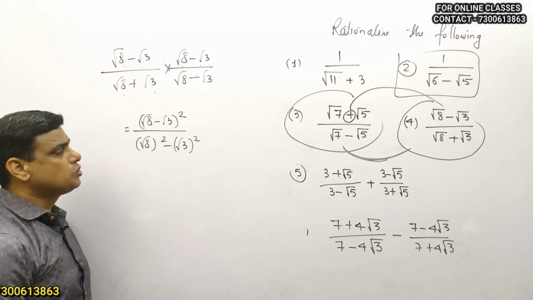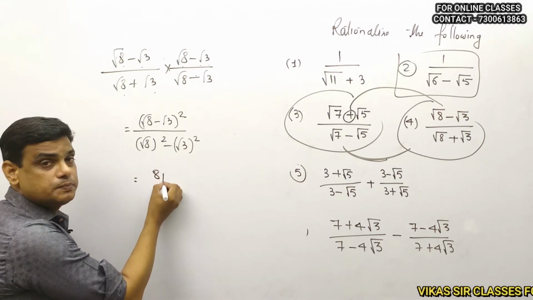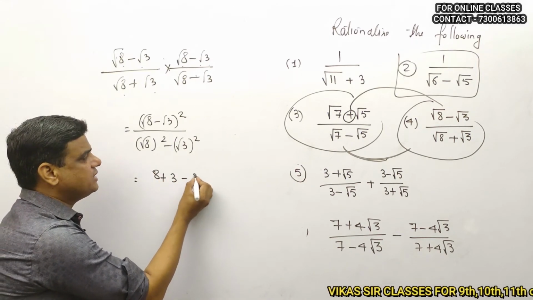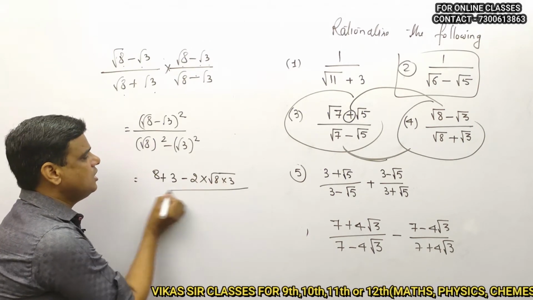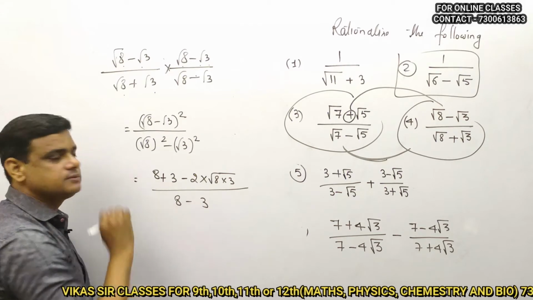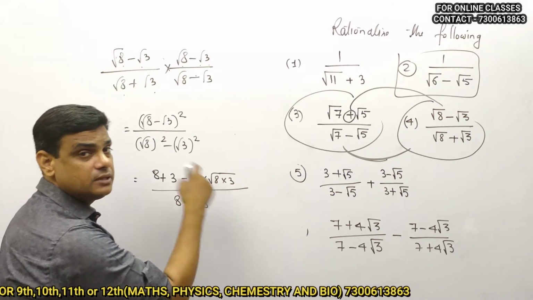So root 8 minus root 3 whole square will be 8 plus 3 minus 2 into root 8 into 3, upon 8 minus 3.